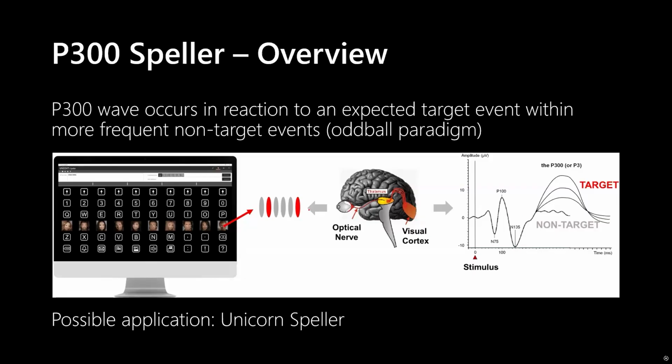Pretty obvious. Now if there are many different things flashing, but you are only paying attention to, let's say, one face, and you're counting whenever this face appears, then you are giving attention to that specific face.